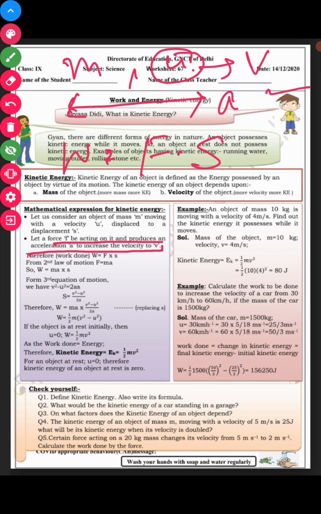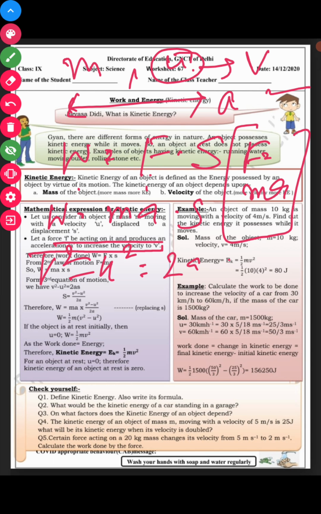In this case, according to the second law of motion, we have F equal to m into a. We put the value of F in this equation, then W = m a times s. According to the third equation of motion, we have v square minus u square equal to 2as.